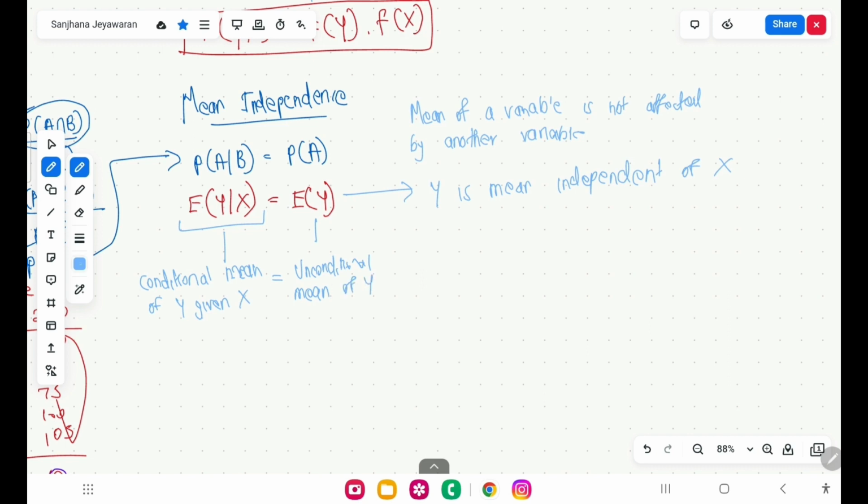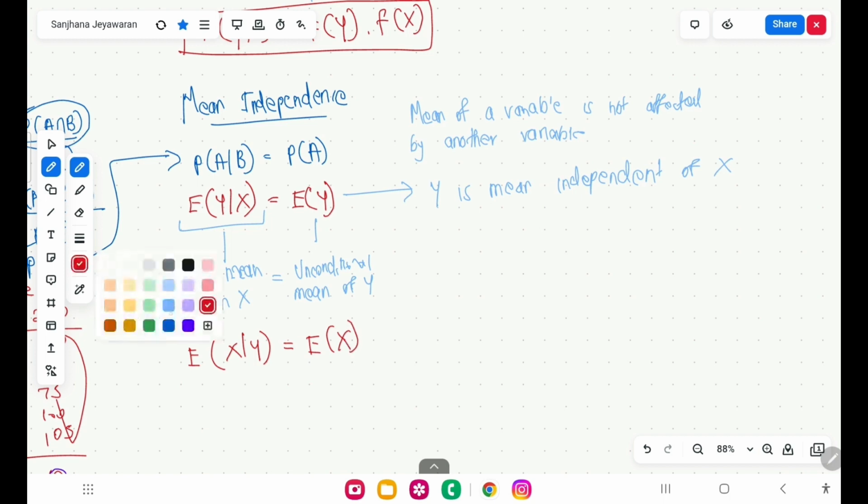Now if I write the other way, that is expectation of x given y, what can I say? When the y values are fixed, the mean value of x is the same, right? So that's equal to expectation of x. So how do I write this in words?